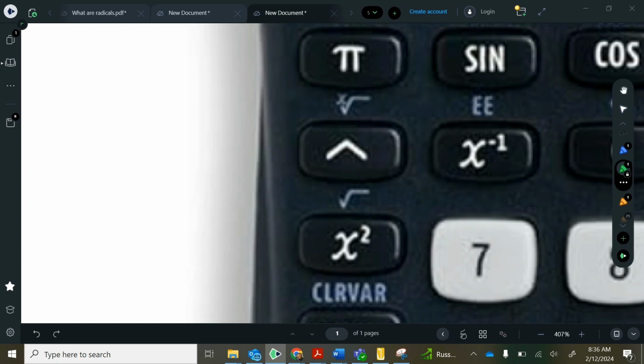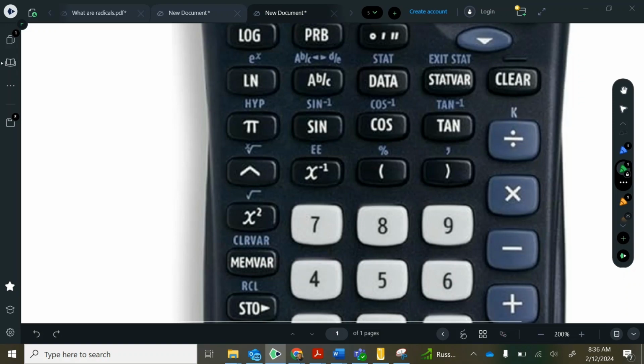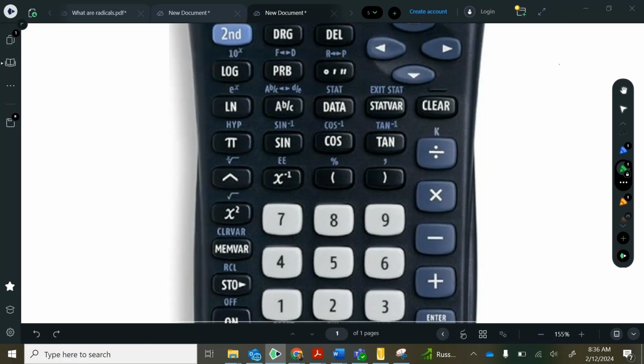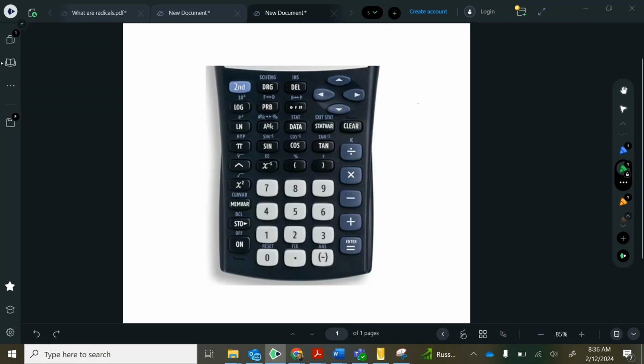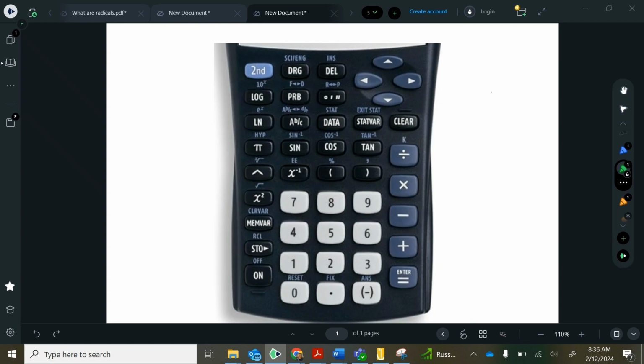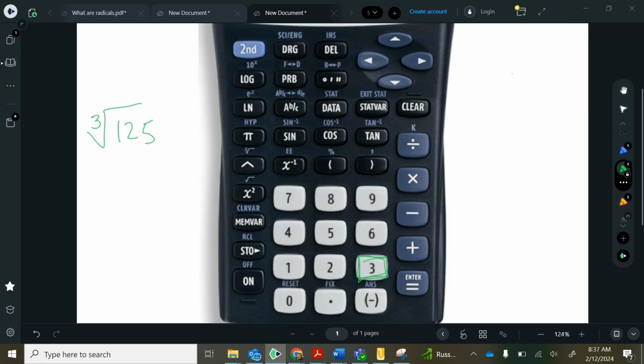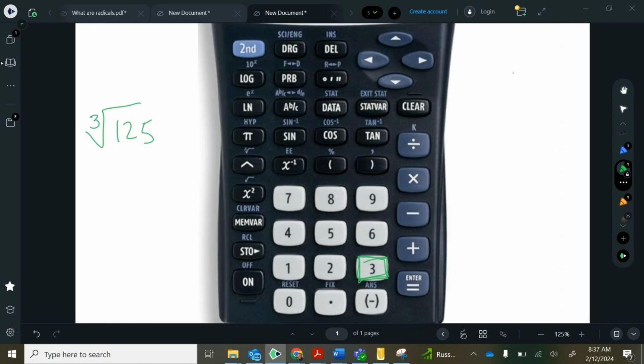So the way you're going to type this in is you have to start with the index of the root. So let's see, this is what we're typing in. If we're doing the cube root of 125, we start by typing in a 3. And then to get the root, we have to hit the second button, right?